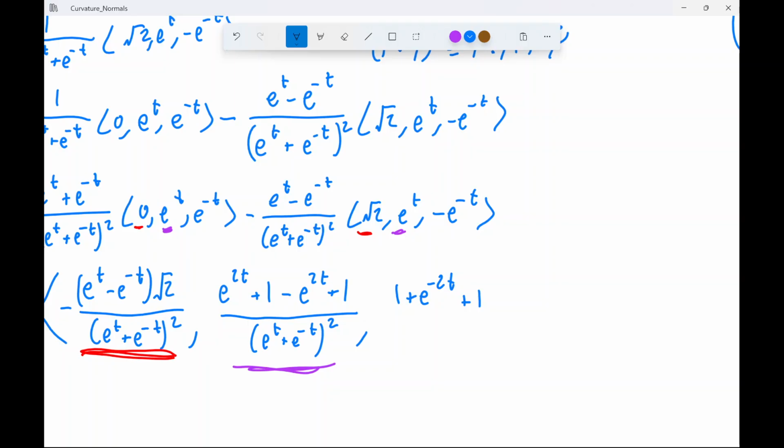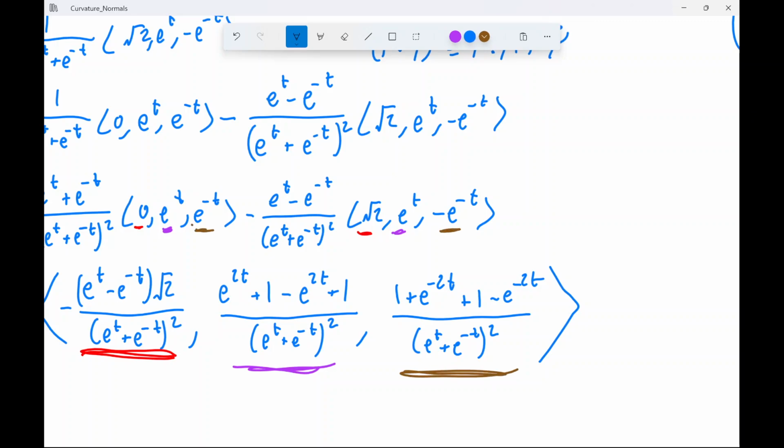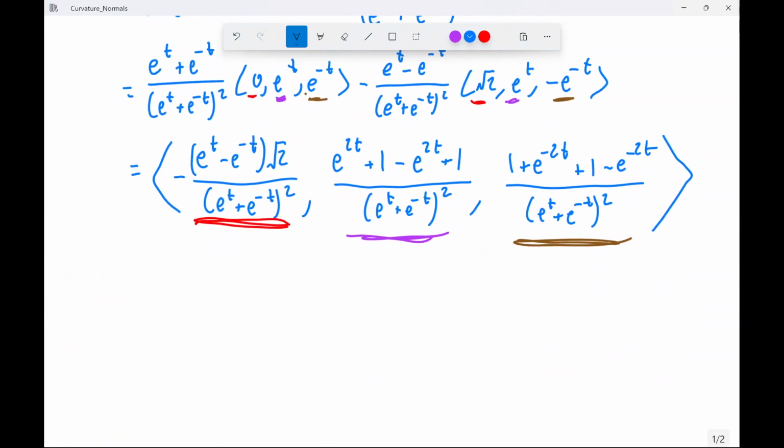And then here we have 3 negative signs. That's minus e to the negative 2t over e to the t plus e to the negative t squared. So that's the brown and the brown to get this guy. Change you back to red. I like red. Okay, and now the reason I did this is because you can factor out these denominators.